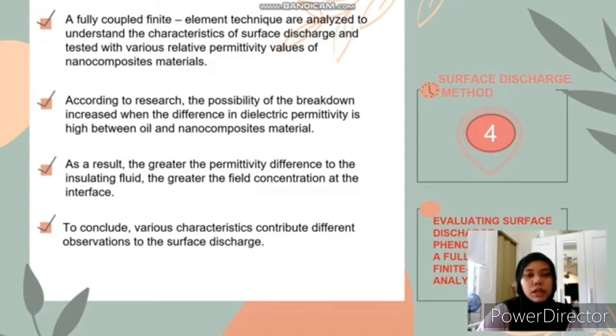According to research, the possibility of breakdown increases when the difference in dielectric permittivity between oil and nanocomposite materials is high. As a result, the greater the permittivity difference to the insulating fluid, the greater the field concentration at the interface. To conclude, various characteristics contribute different observations to the surface discharge.